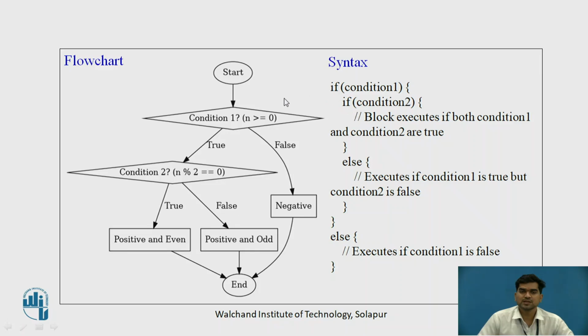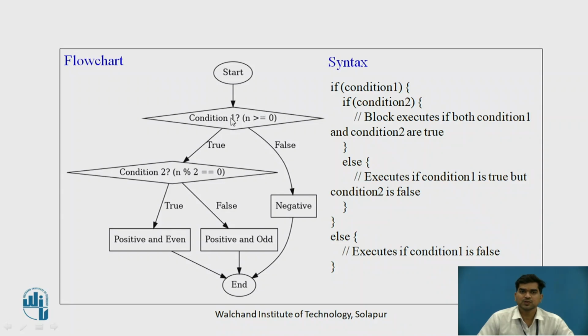The flowchart tells us: if condition 1, for example, if n is greater than or equal to 0, is true, then condition 2 will get checked, that is n modulus 2. The first condition checks whether it is positive or negative.